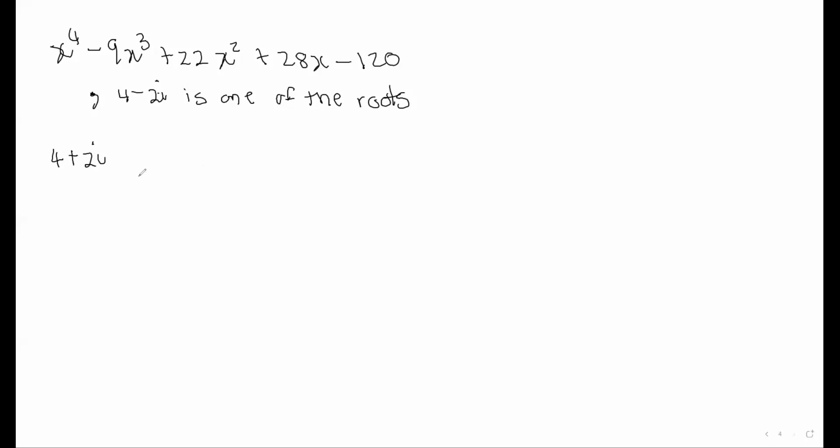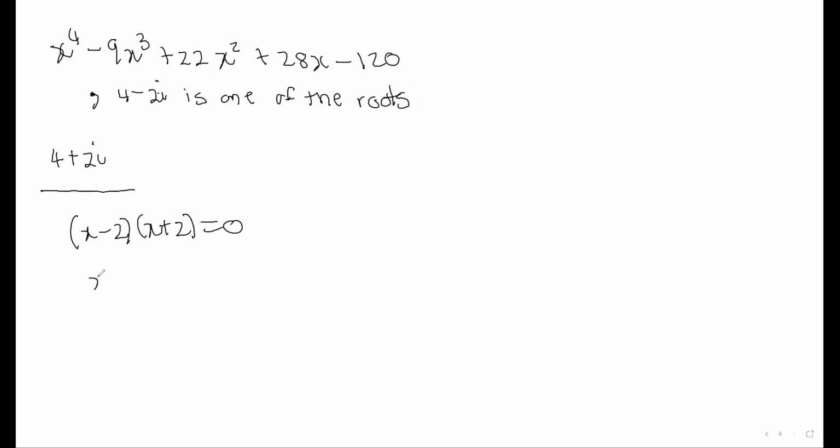So you know what a root is. Let's just say you're given x minus 2 times x plus 2 is equal to 0, right?